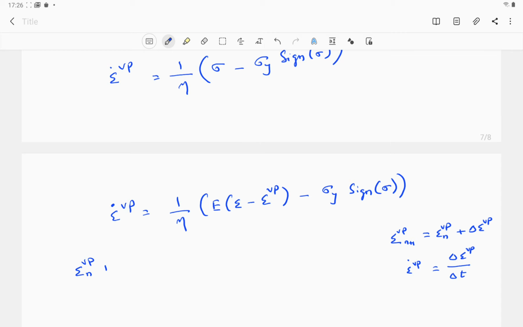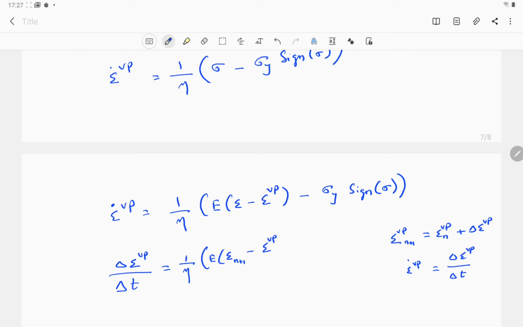So in that case, in the place of epsilon dot Vp I can write delta epsilon Vp by delta t, which is equal to 1 by eta E into epsilon, and everything I will put in the discrete form, so it will be n plus 1 minus epsilon Vp n plus 1.